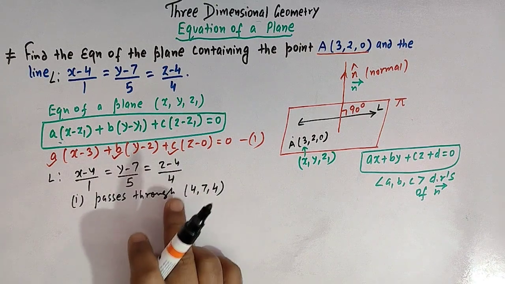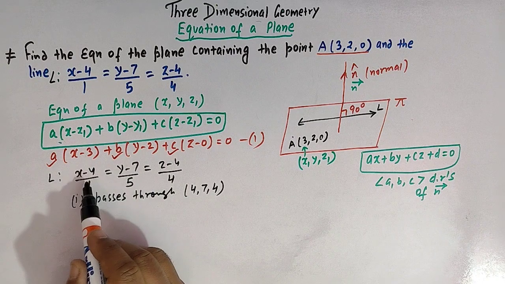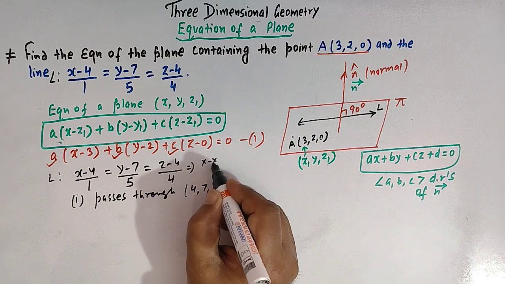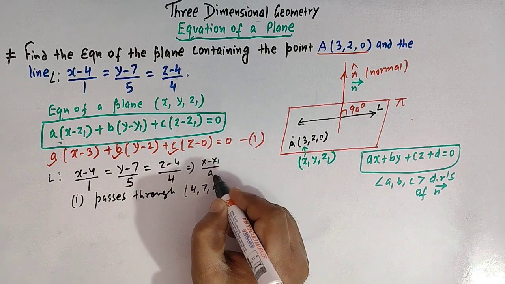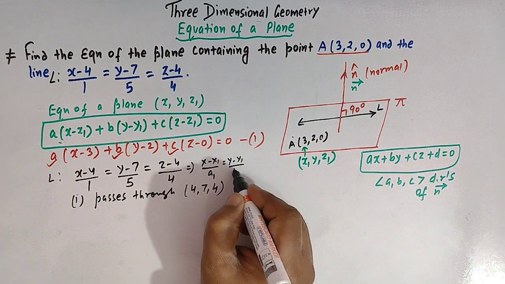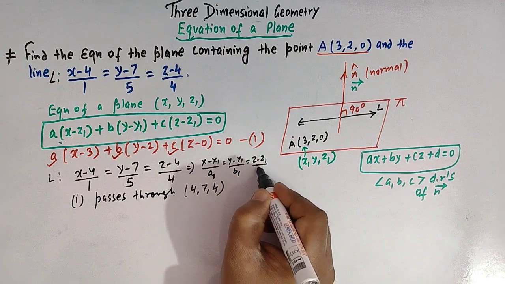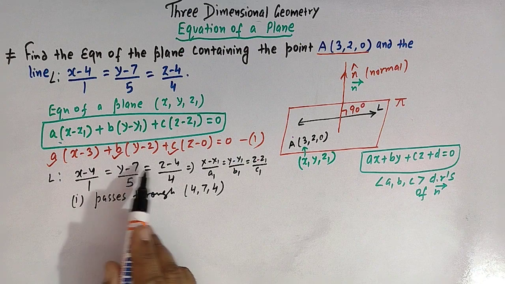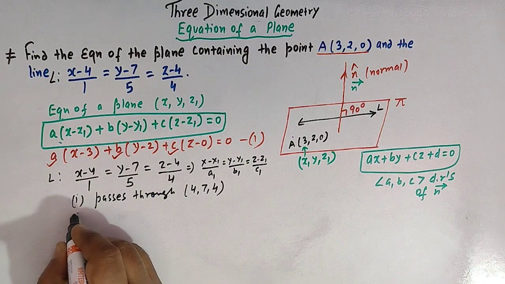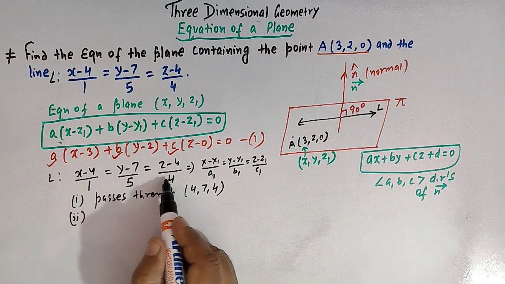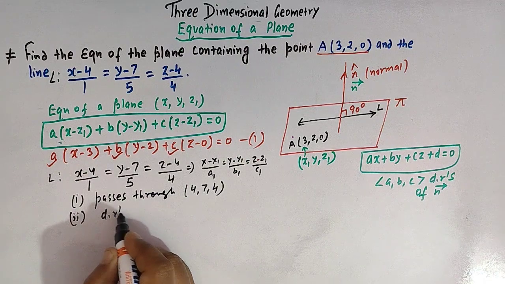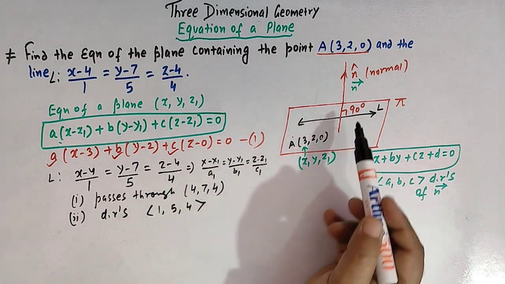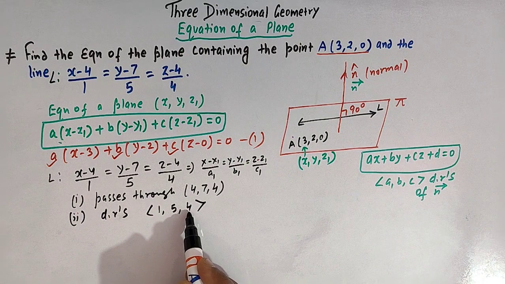We can easily deduce this result by comparing this equation with the equation of a line, (x − x1)/a1 = (y − y1)/b1 = (z − z1)/c1. So this line L passes through (4, 7, 4). And the second thing is that this line has the direction ratios 1, 5, 4. So the direction ratios of this line are 1, 5 and 4.